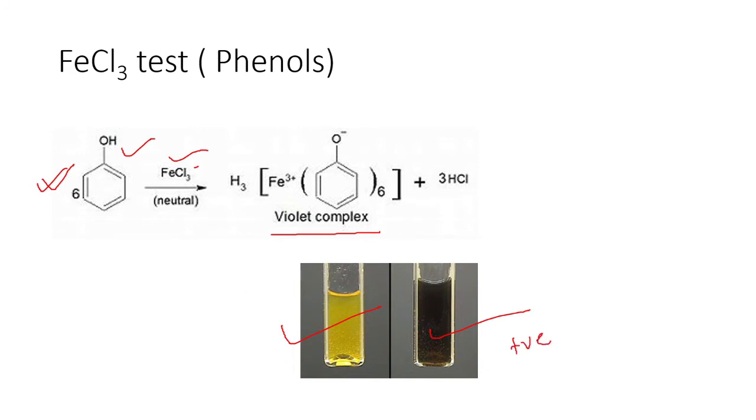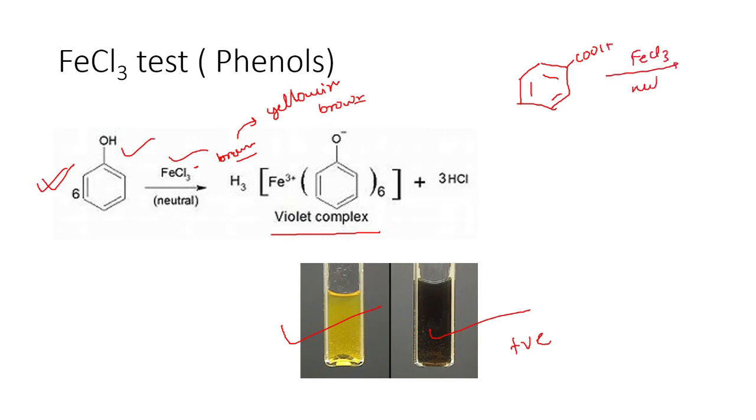FeCl3 actually is brownish in color, and when you dip it in water it becomes yellowish brown. So this is a negative test, this is a positive test. And what will happen if you dip benzoic acid with neutral FeCl3?